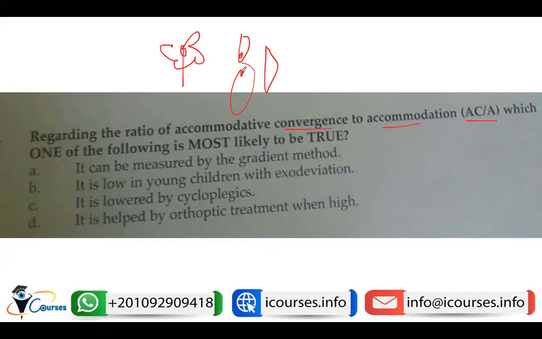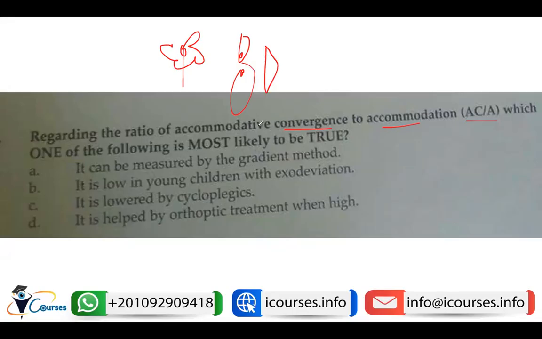Since these events occur together, miosis doesn't have any grading, but for convergence and accommodation there should be a ratio that will control both of them, so that an individual can converge for a certain amount of prism diopters in relation to an accommodation of certain diopters.